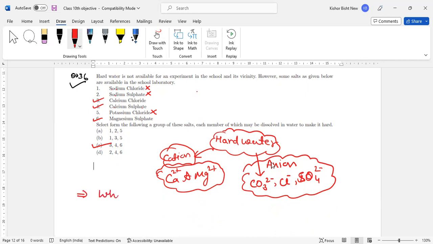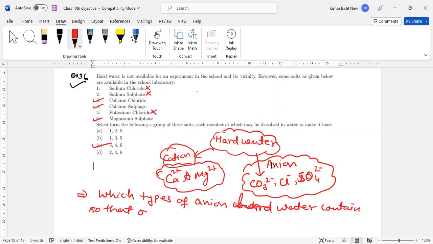which type of anion does hard water contain, so that on heating we can make it soft.